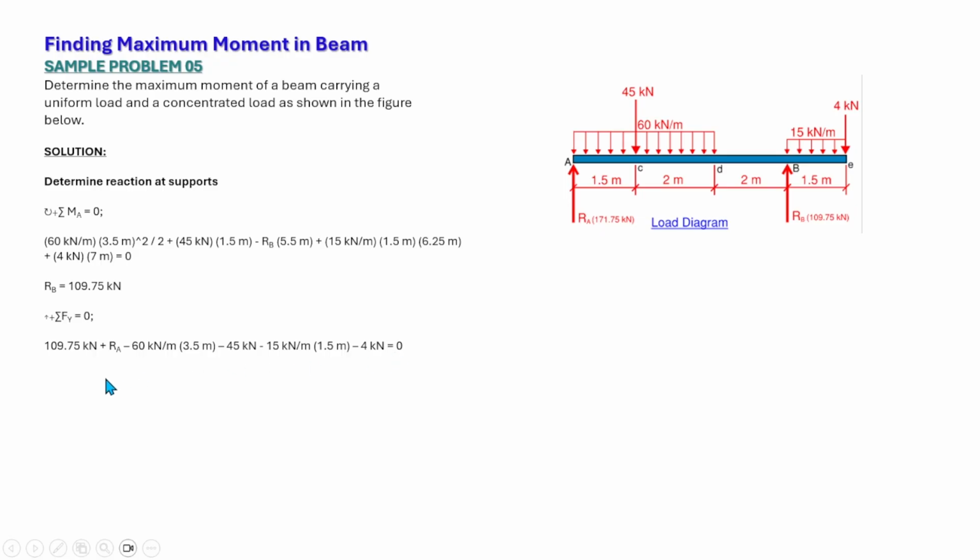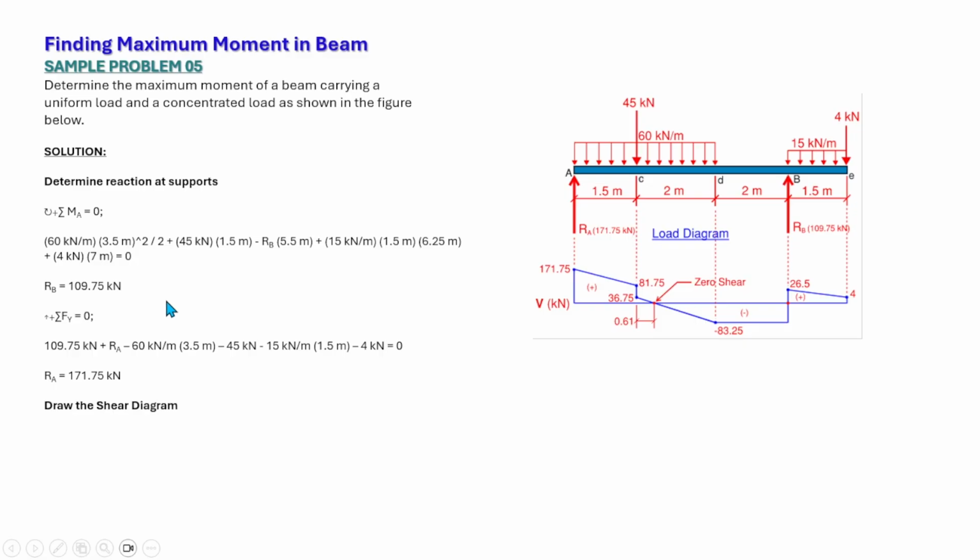So the reaction at point A is equal to 171.75 kilonewtons. So now we are done with the reactions at points A and B.